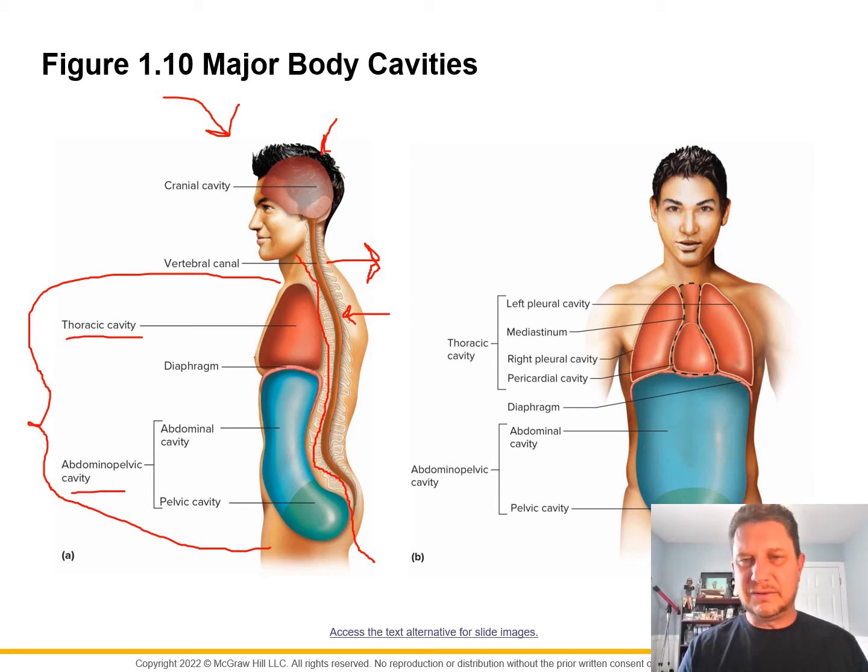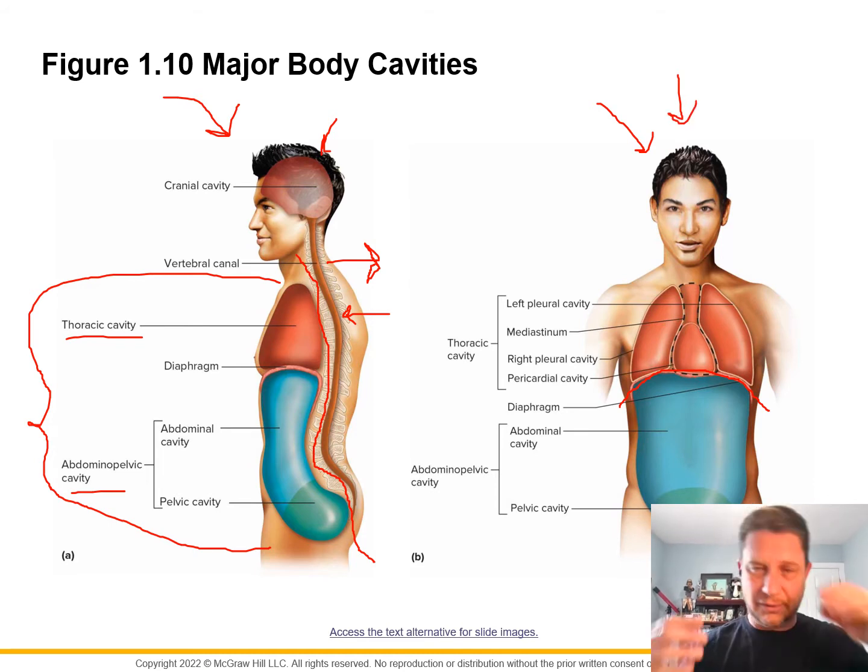Now, this diagram over here is how we look at it in lab. And again, the diaphragm is right through here that divides the thoracic and the abdominal pelvic cavity. On this view, we don't look at the cranial cavity. So this is what we look at in lab, like I said. And so we have three main areas because there's no clear dividing line.